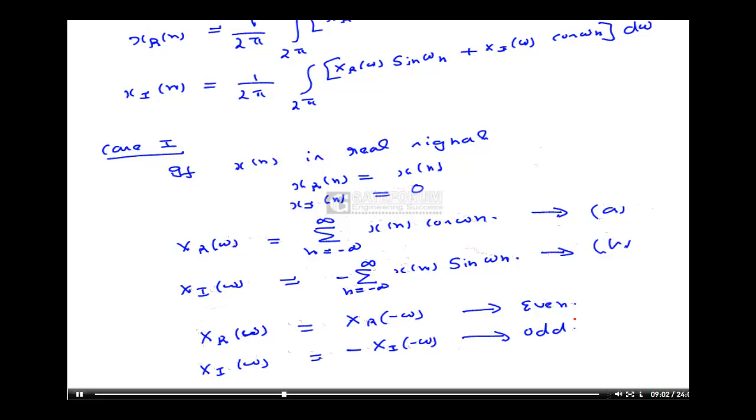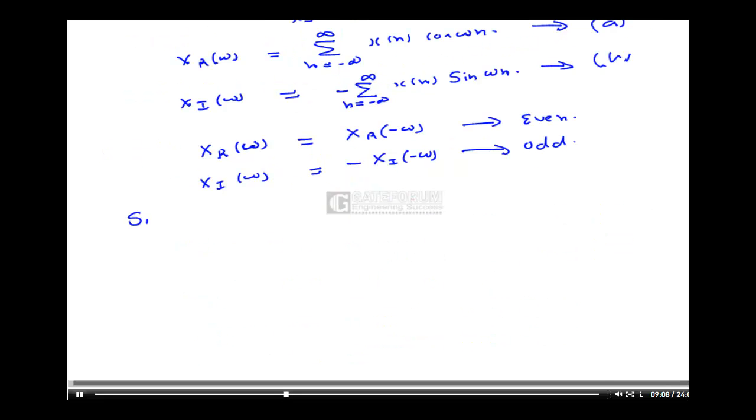Thus, if x[n] is real, its spectrum possesses which symmetry it is? Hermitian symmetry or conjugate symmetric. Okay.